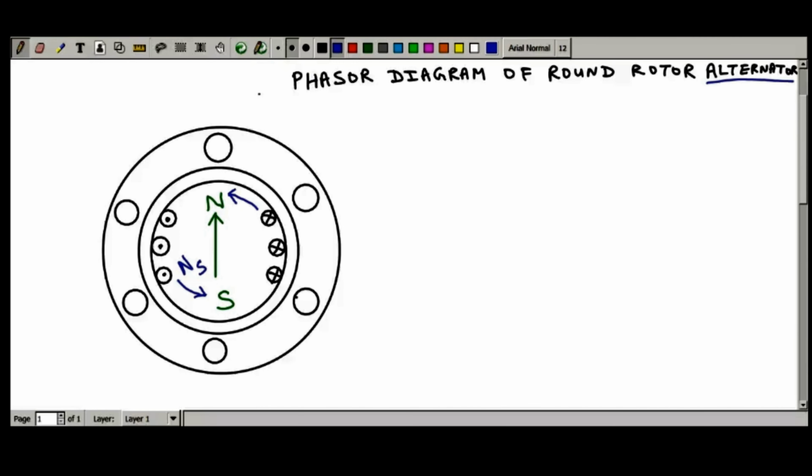Actually, to be precise, we know this relationship, that one complete cycle of a sinusoidal wave means an angle of 360 degree electrical. So this 360 degree electrical can also be called the time period.